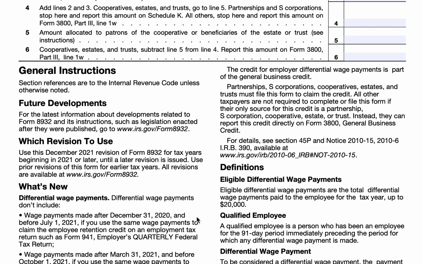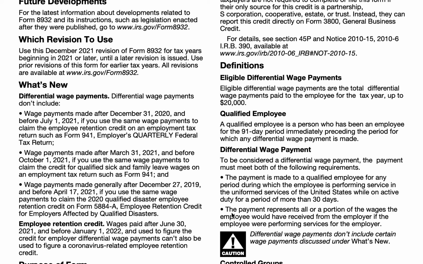For example, in the instructions, specifically the employee retention credit, wages paid between June 30th, 2021, and before January 1st of 2022, that would be an employee retention credit. The same wages cannot be used to calculate a credit for employer differential wage payments.